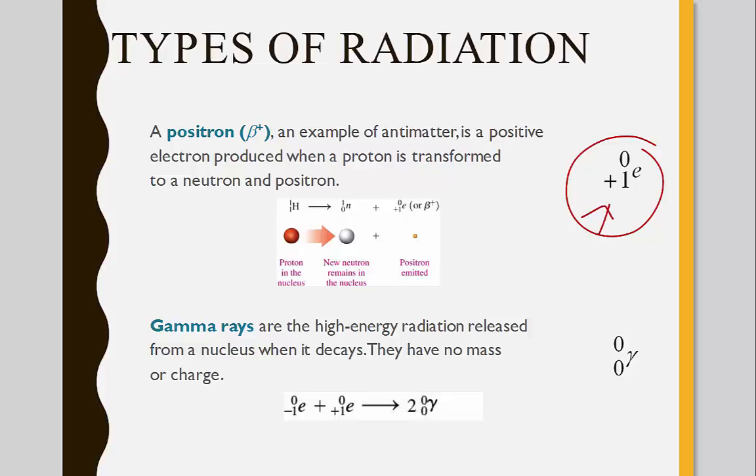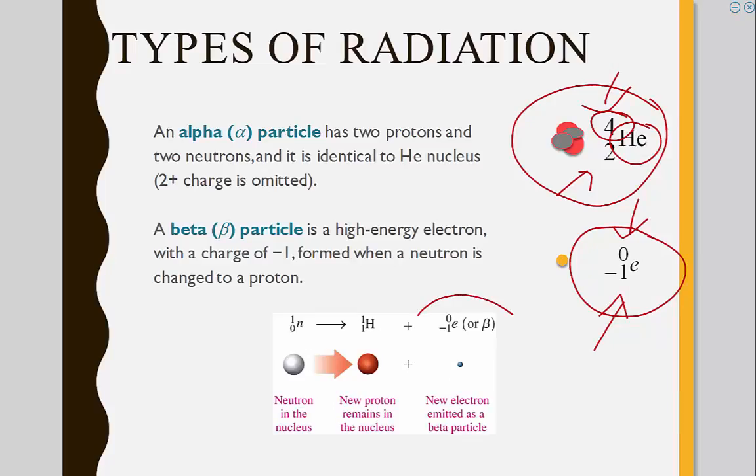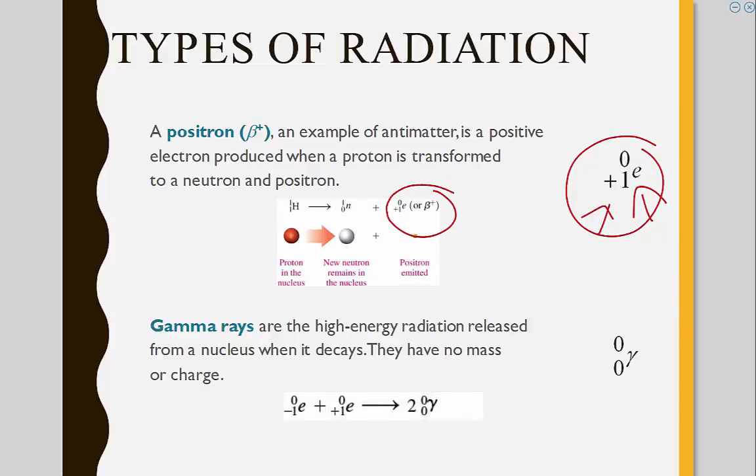Once again, this one is abbreviated with an e. Notice over here, it could be abbreviated with a B plus for beta plus. Over here, the beta is also abbreviated with just a letter B, or a beta. And then gamma rays actually are just energy. It's energy that comes out.